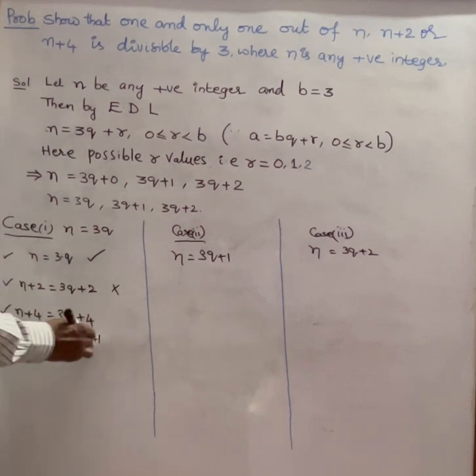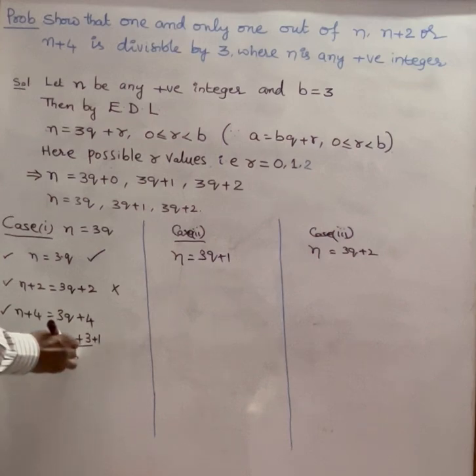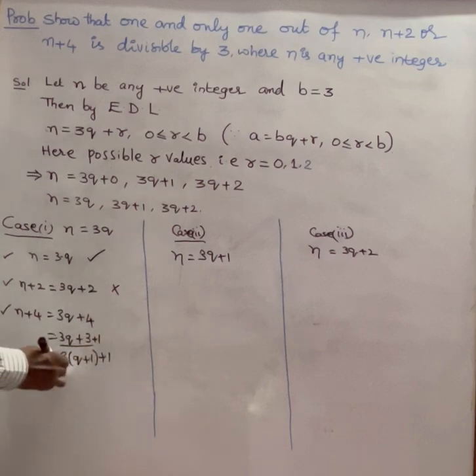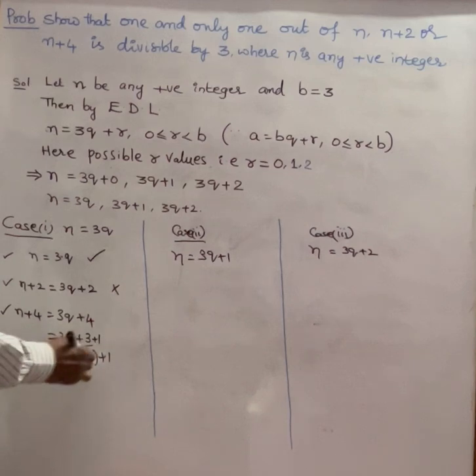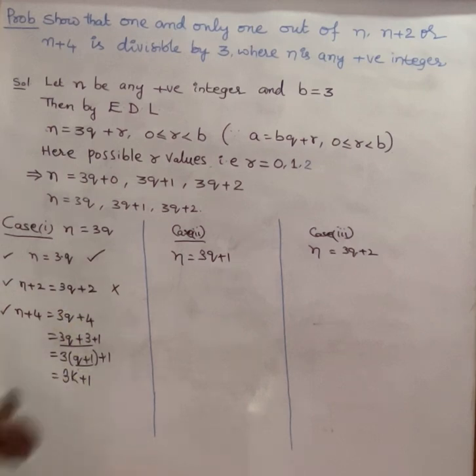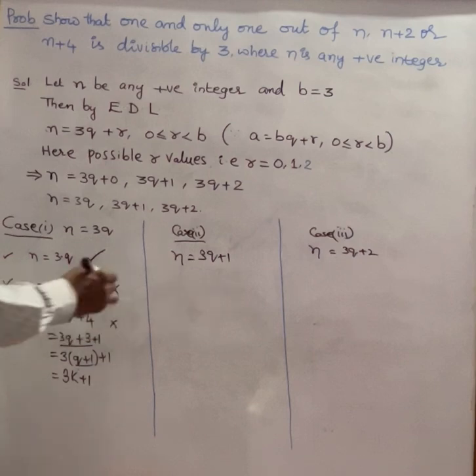Therefore, we can take 3 common: 3 into q plus 1, plus 1. Therefore, it is in the form of 3 into something plus 1, suppose this something is k. We are unable to write it as 3 into something. Therefore, this is also not divisible by 3.